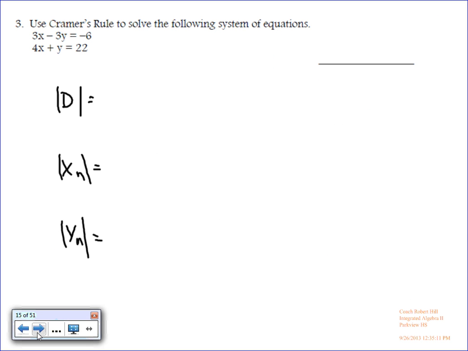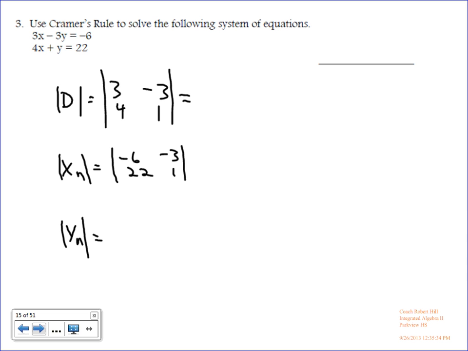Here's number 3. I didn't work it this morning, but just real quick, remember using Cramer's rule. You have a denominator matrix, and that comes from your coefficients. And then it's just a matter of cross multiplying and subtracting. To find your x numerator, you replace it with 6, -22.